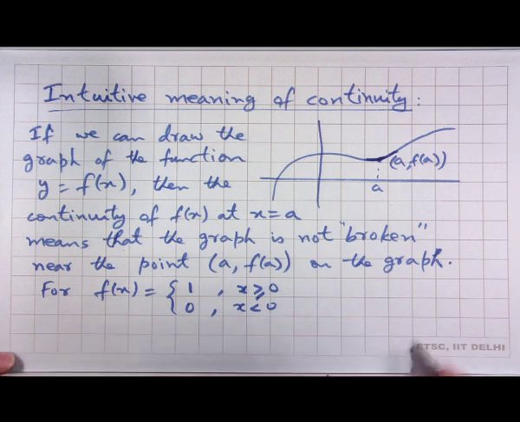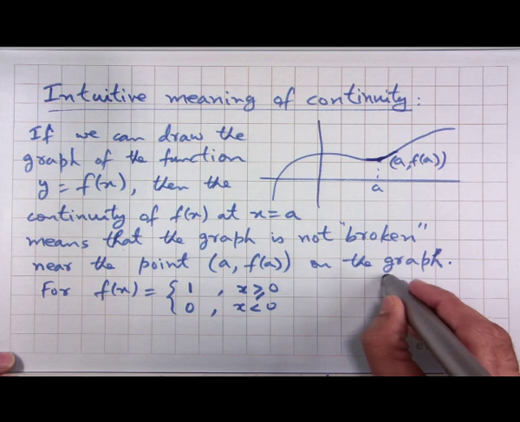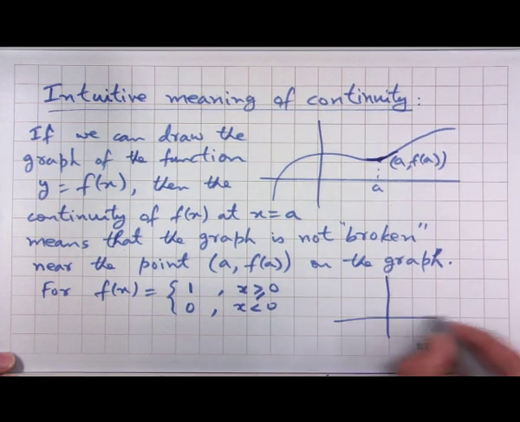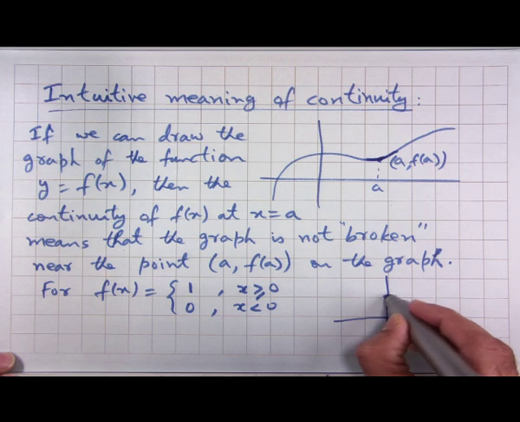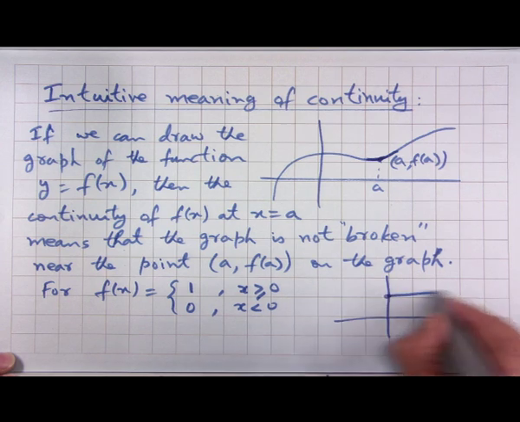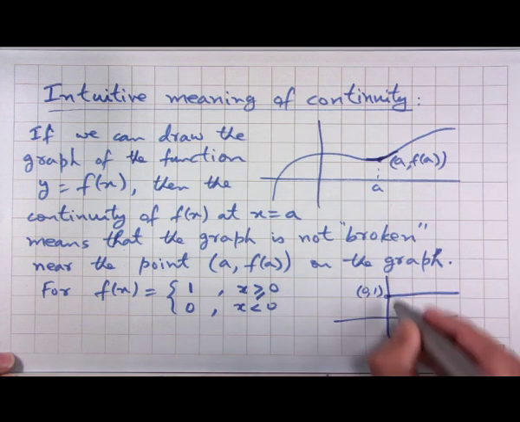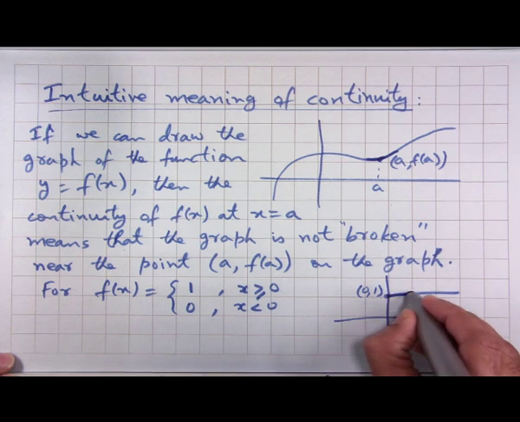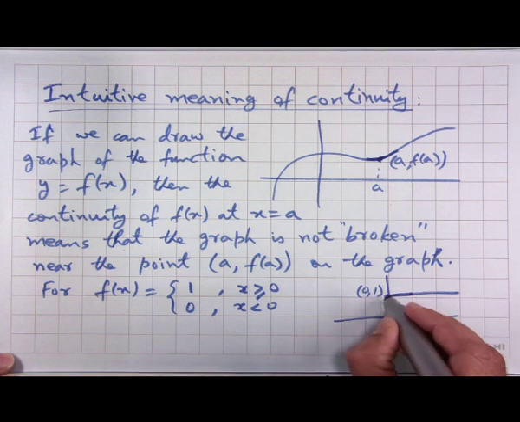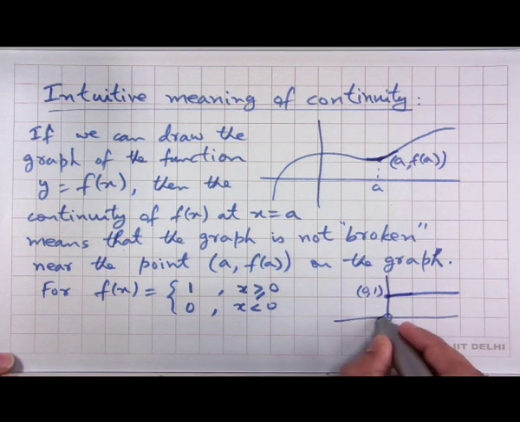If you draw the graph near this point 0 comma 1, you see for x greater than 0 this is 1, but for x less than 0 it is 0.